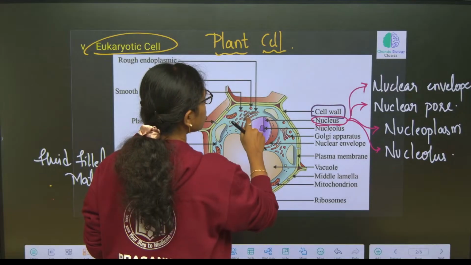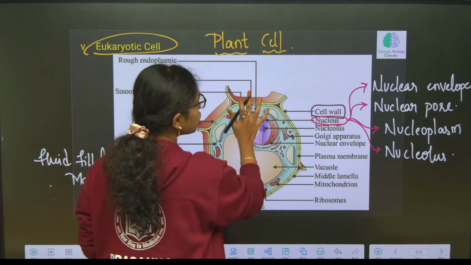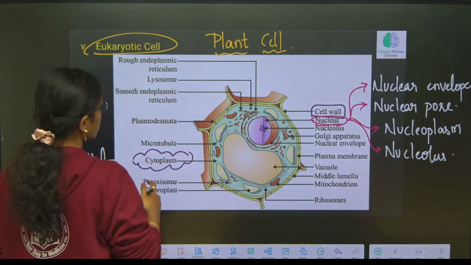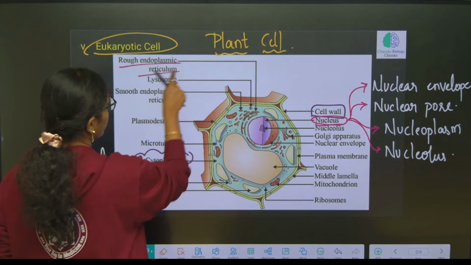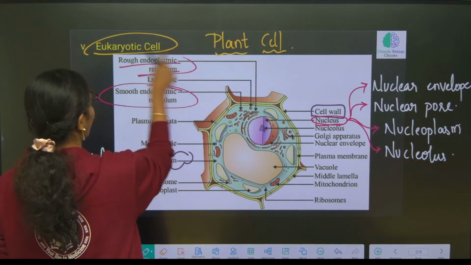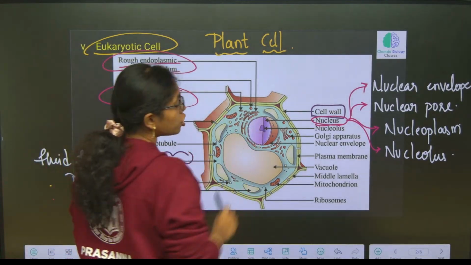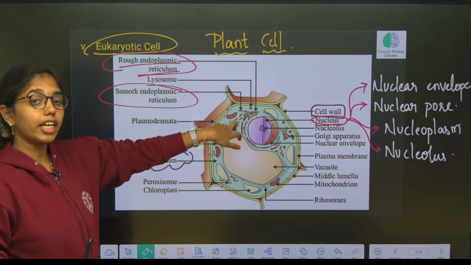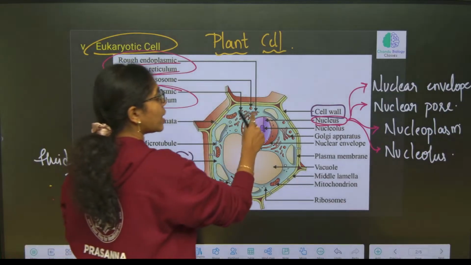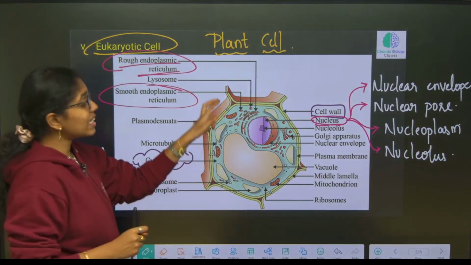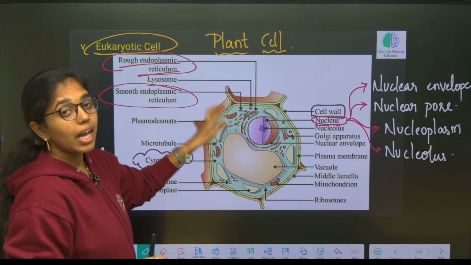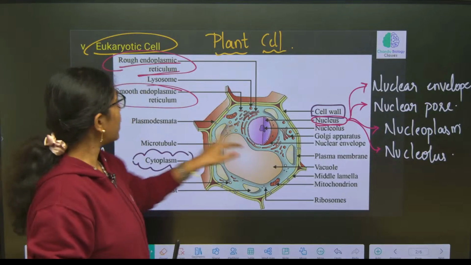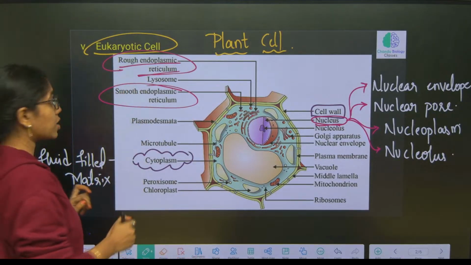The extension of the nuclear envelope is the endoplasmic reticulum, where we have rough endoplasmic reticulum and smooth endoplasmic reticulum. So these are the network of reticular structures extending from the nuclear envelope. If this network has ribosomes over it, then it is called rough endoplasmic reticulum.